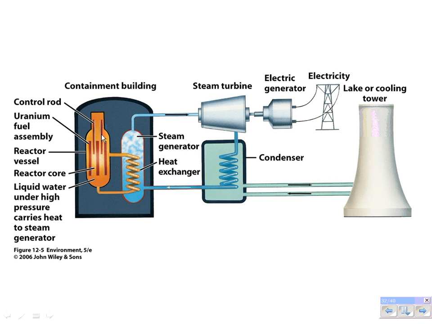If we want to turn off the reaction and stop producing electricity, maybe for maintenance, we lower the control rod into the reactor core. The control rods will absorb the neutrons, stopping the reaction. This is something that needs to take place over a period of hours.